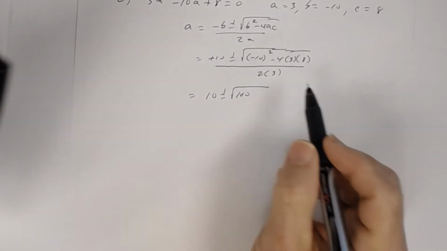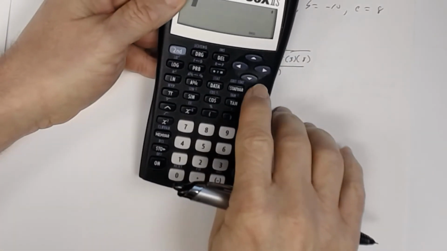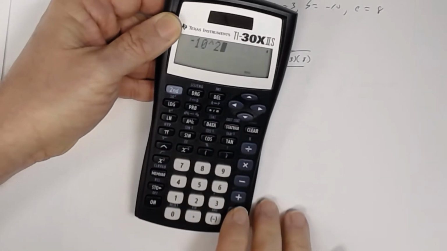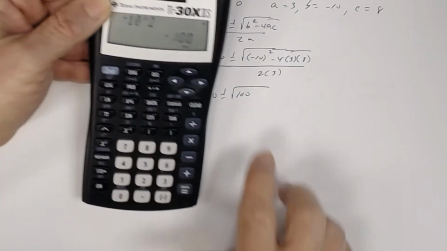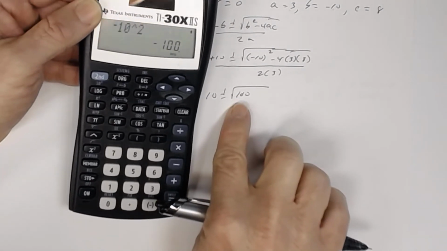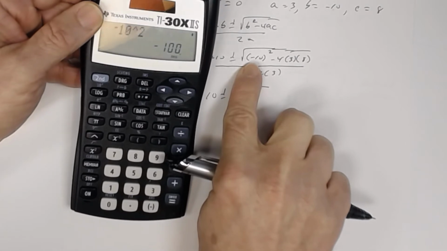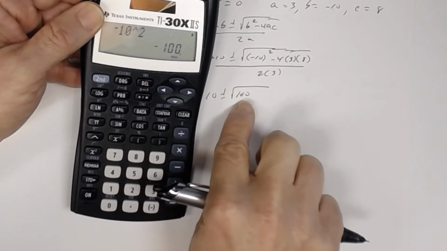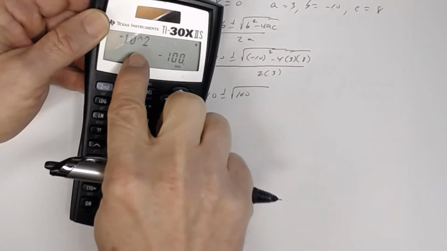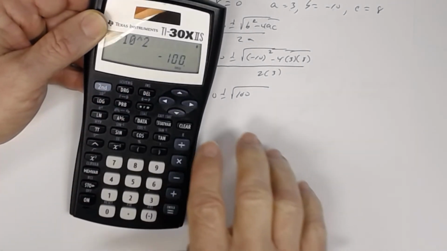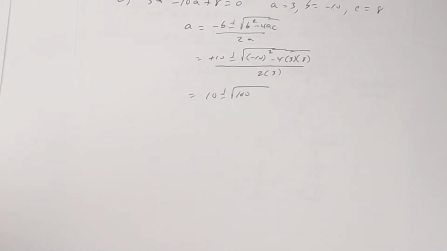When you put this in your calculator, if you say negative 10 squared without parentheses, then yes, you will get a negative 100, and that's incorrect. Notice I put parentheses here, because negative 10 is being squared. When you leave them out, you're saying only 10 is squared, and that's why you get negative 100. So be careful. Always put that in parentheses.